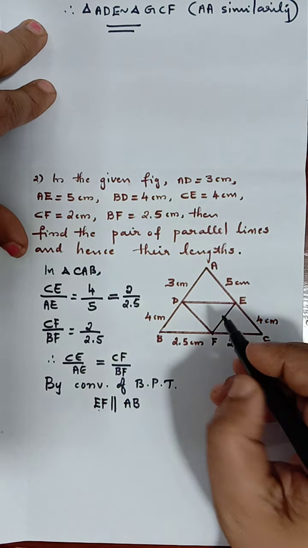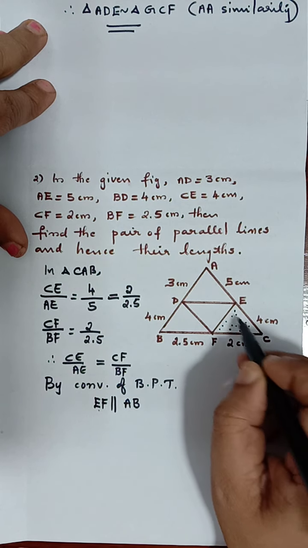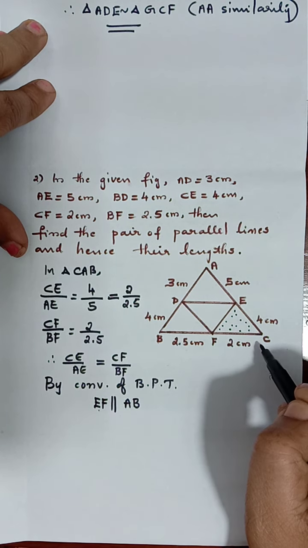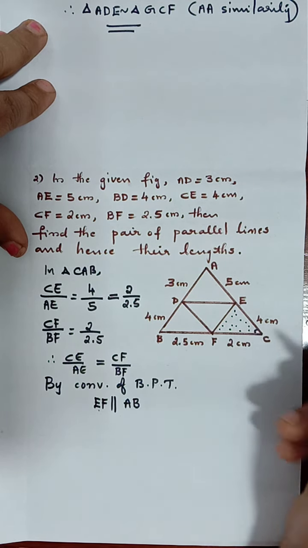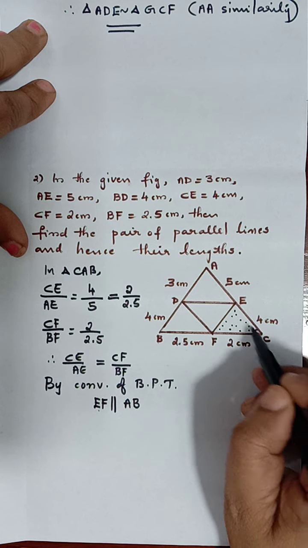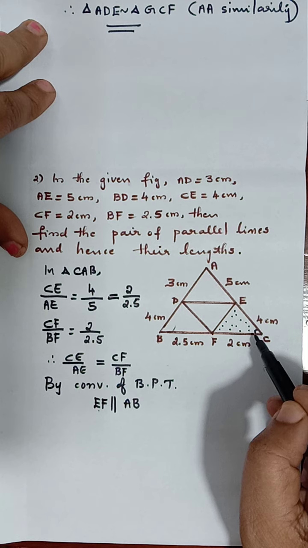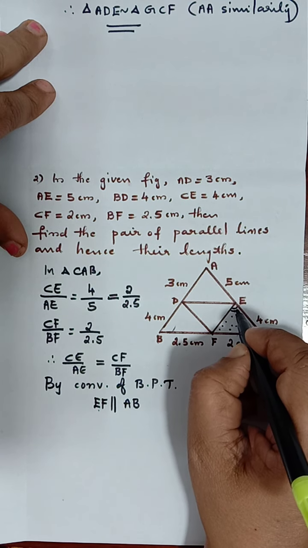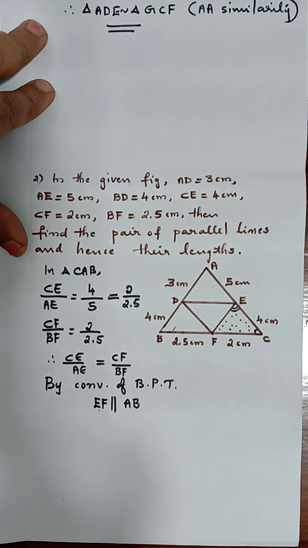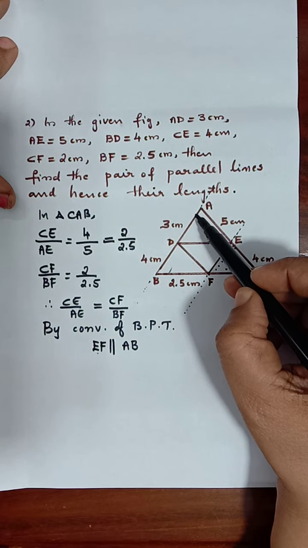Very simple. Here we can prove that triangle CEF is similar to triangle CAB, the complete triangle. The reason is that angle C is common for the small triangle CEF and also for CAB. The next point is that this angle will be equal to this angle.